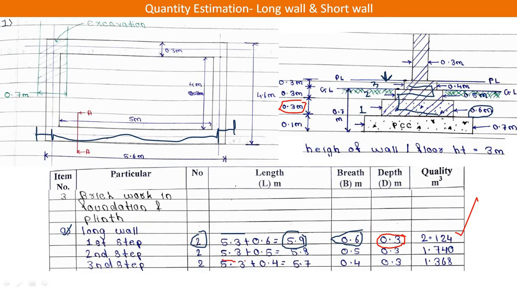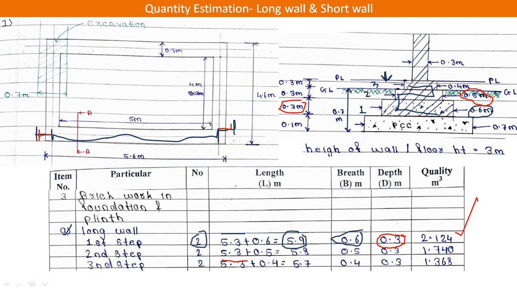As usual for the second step, the number of long wall is 2. The center line length of the long wall is 5.3 meter. Now the width of the second step is given as 0.5 meter. So what you have to do is 0.5 divided by 2 plus 0.5 divided by 2 plus 5.3.